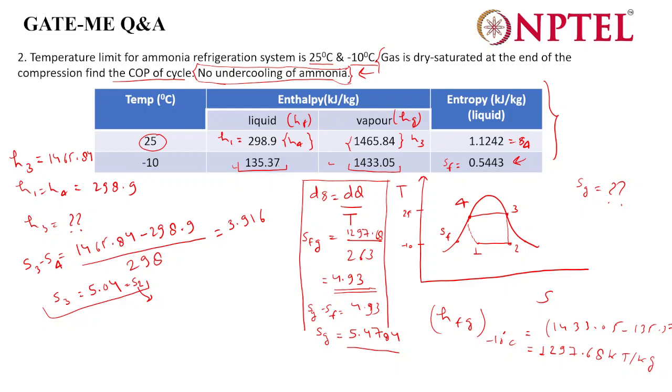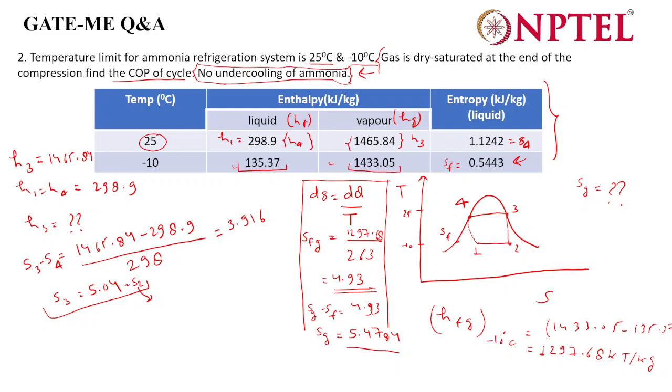Finding the dryness fraction. How will you find it? It would be S2 equal to SF plus X2 into SFG.